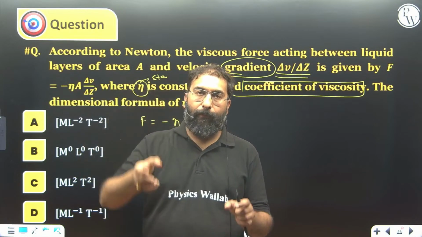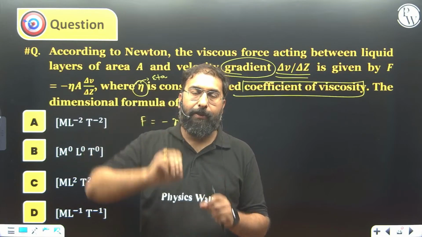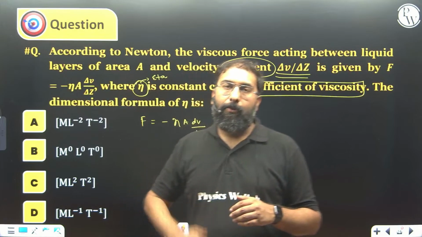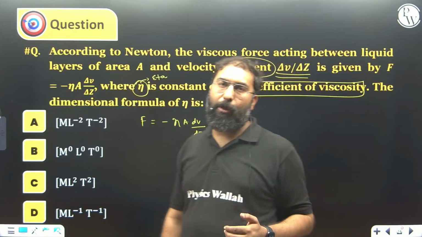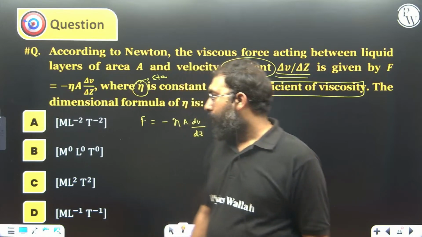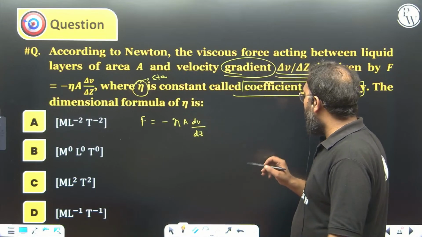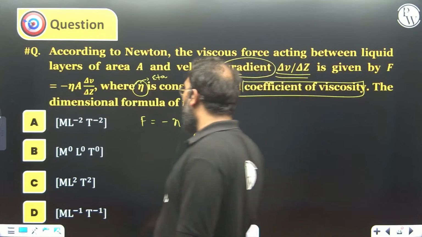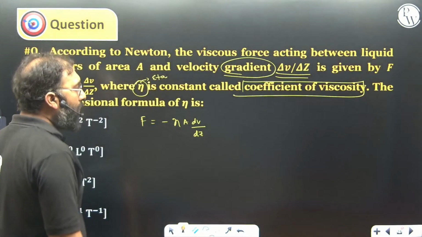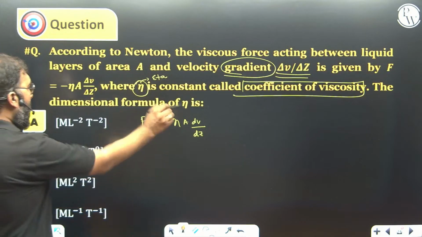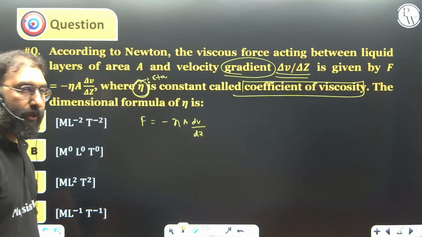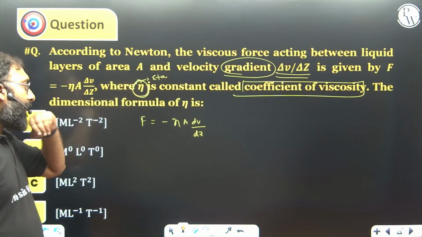When we pour water into a glass, it flows easily, so it has less viscosity and more fluidity. Whether a given fluid is more viscous or less viscous is decided by this quantity known as the coefficient of viscosity, represented as eta.